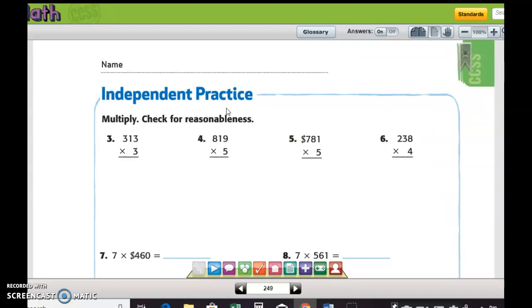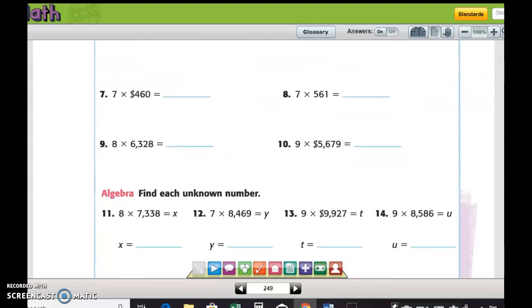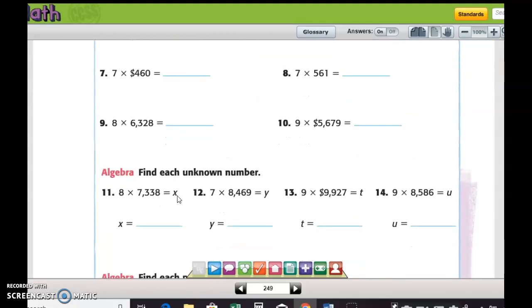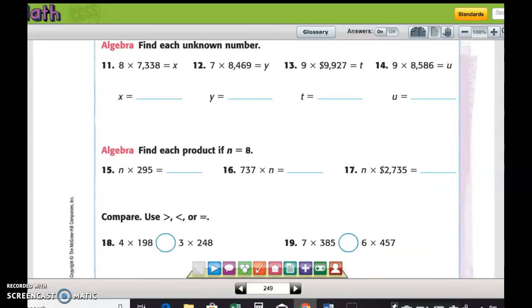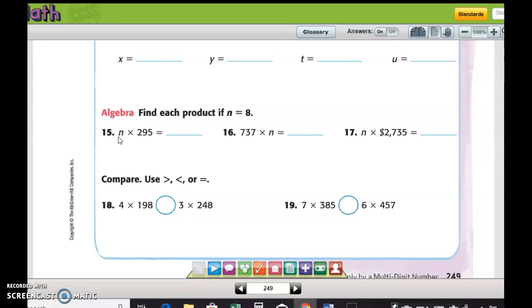Now when you get to your independent practice, some of these will have regrouping in the ones place and some of them will not. So you can tell pretty quickly whether you're going to be needing to regroup because you should know your basic facts. Also, you'll have some of those equations with the variable as the answer. You'll also have some where you have an unknown.